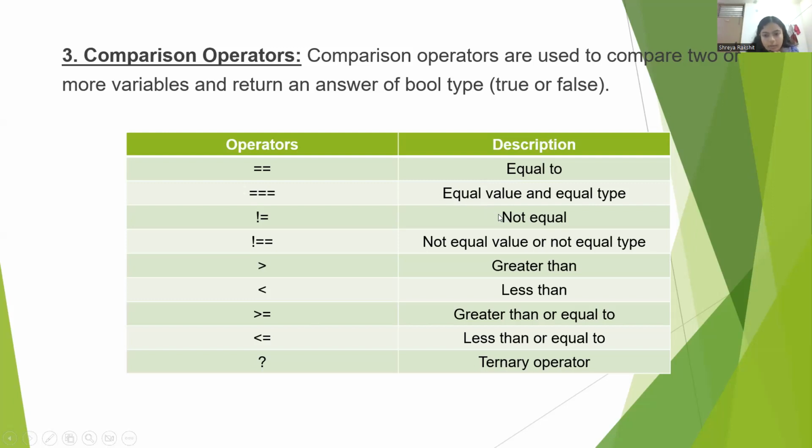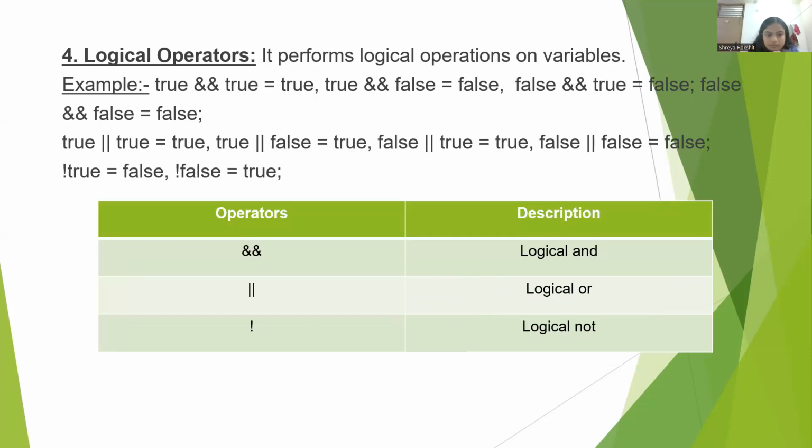The next one not equal, then not equal value or not equal type, greater than, less than, greater than or equal to, less than or equal to, and ternary operator. Ternary operator is used when we need a separate value when a specific condition is met, and we need a different value when it is not met. This is the case when we use ternary operator.